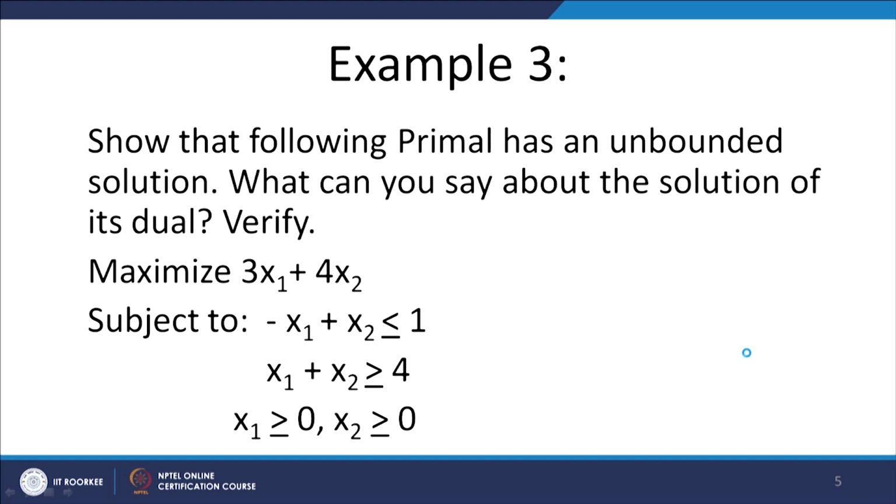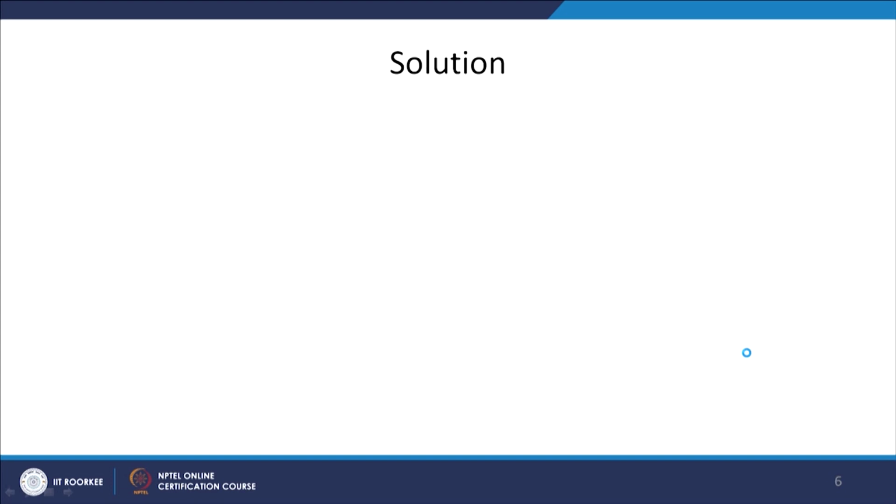Also, we are required to verify the results. As you can see, this problem is a 2 variable problem, and we can easily solve it to show that this is an unbounded solution. So, let us go about it, how to solve it.